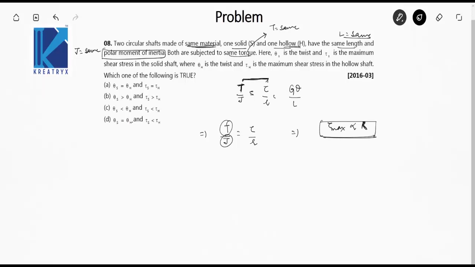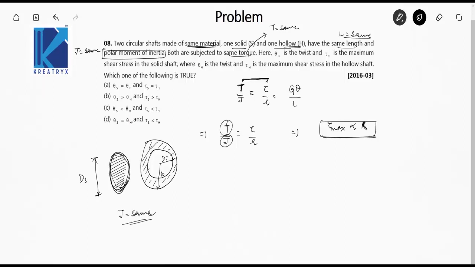Suppose this is the solid shaft. Its diameter is ds. This is a hollow shaft. The inner diameter is di and the outer diameter is do. As J is same, the outer diameter of the hollow shaft has to be greater than the diameter of the solid shaft.